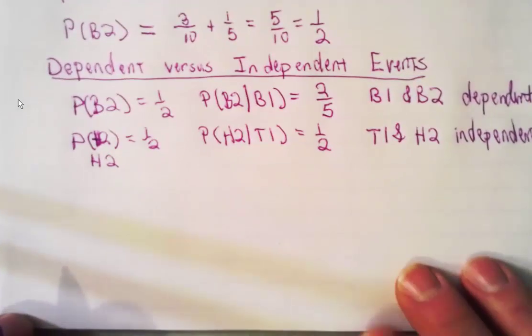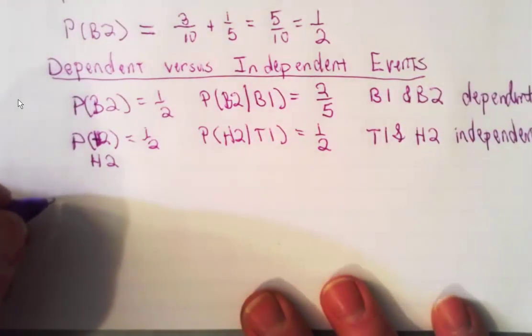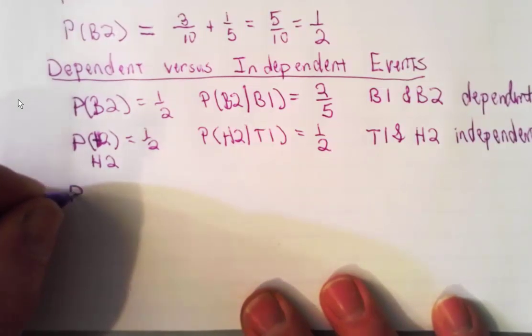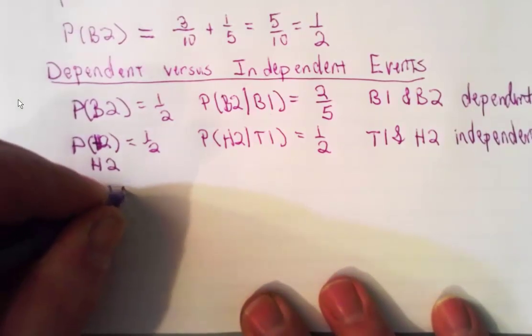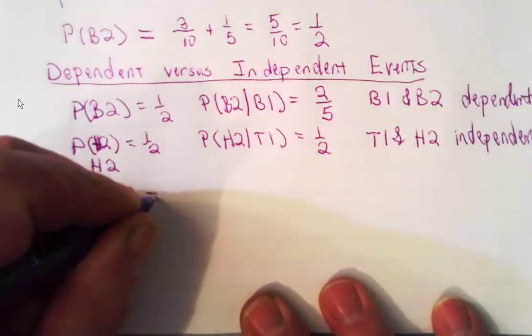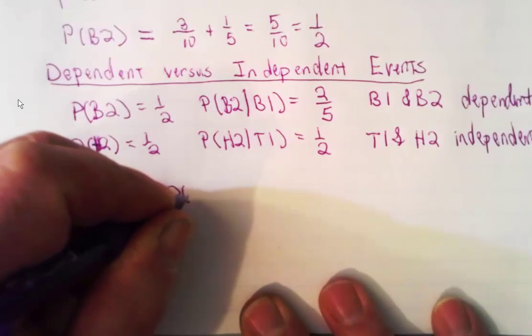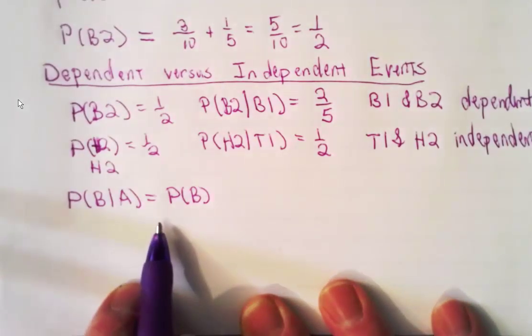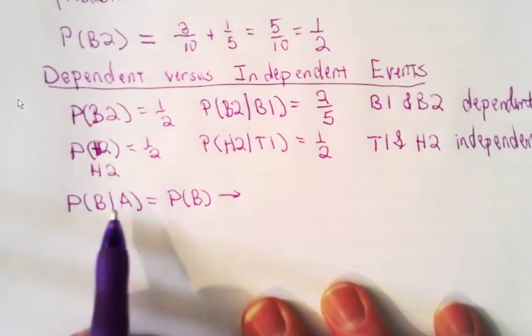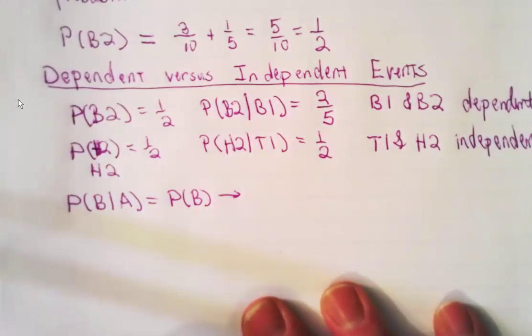In general, the rule is this. If we have two events, A and B, in mind, if the probability that B occurs, given that A occurs, is just the same as the probability of B without any further information, then we say that A and B are independent.